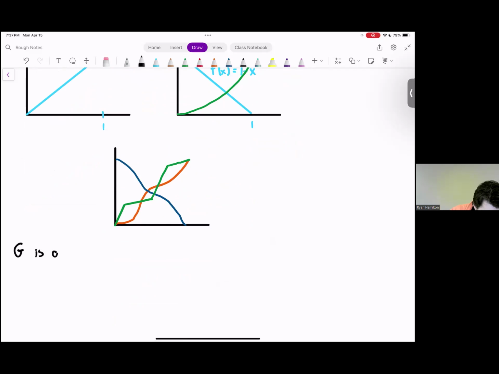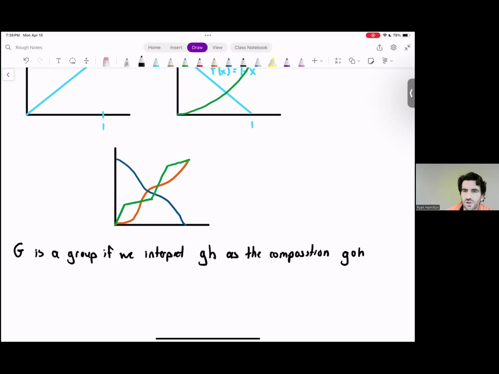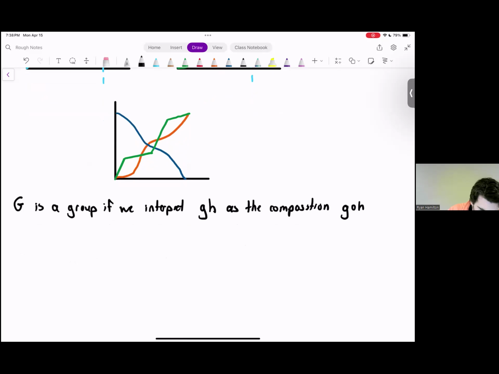So G is a group if we interpret G times H as the composition function, G composed with H, that little circle. All I mean by that is G composed with H of x is G of H of x.